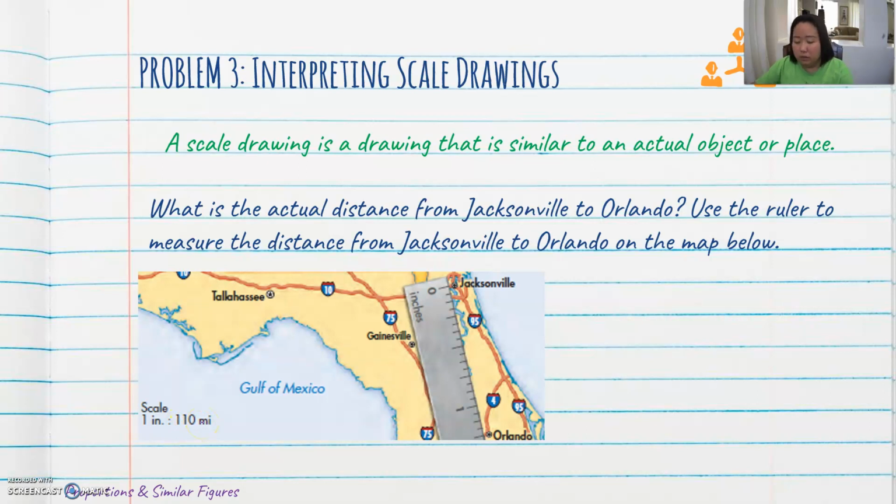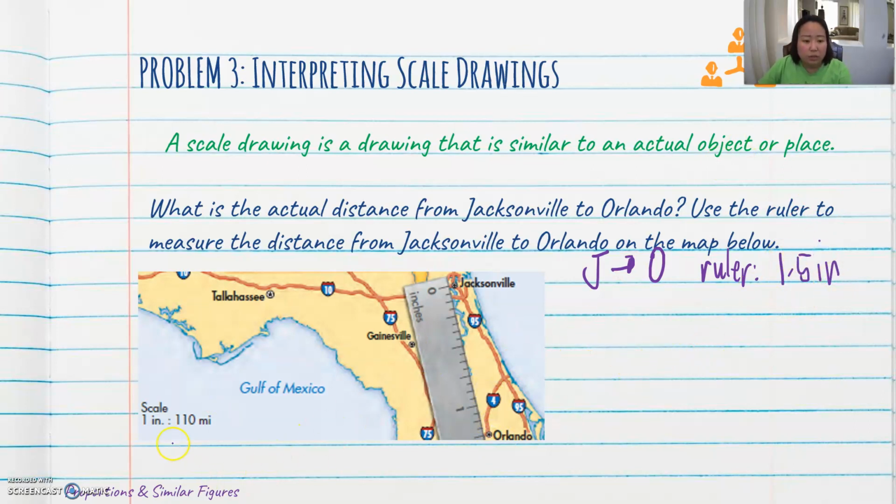So if you take a look, Jacksonville to Orlando, according to the measurement with the ruler, the distance is 1.5 inches, okay? That's what the figure shows us.